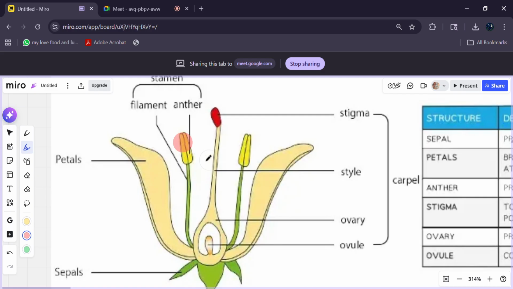So inside this anther, there is a vascular bundle that contains the phloem and xylem, and the phloem translocates nutrients such as sucrose and amino acids into the developing anther. The sucrose provides energy for cell division, and amino acids are used for synthesis of proteins and new cytoplasm. Xylem, which is also in the anther, transports water and mineral ions to the anther.